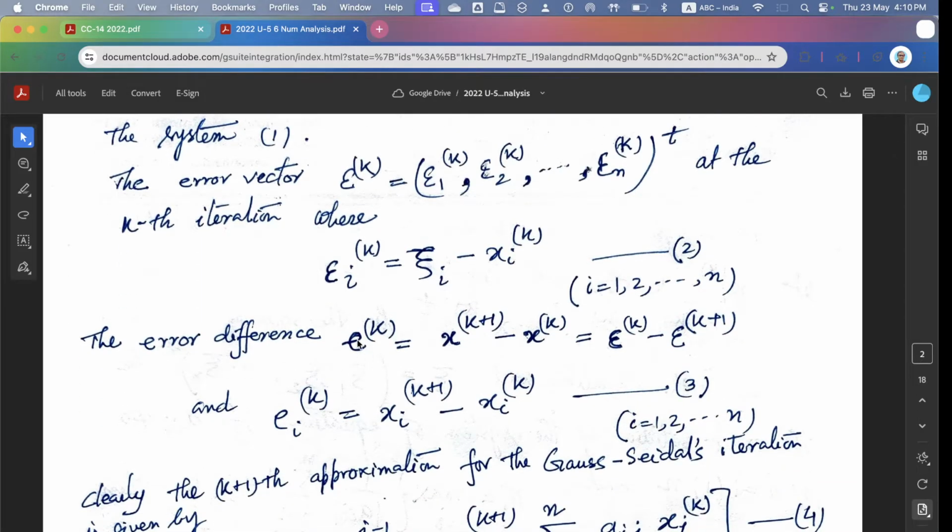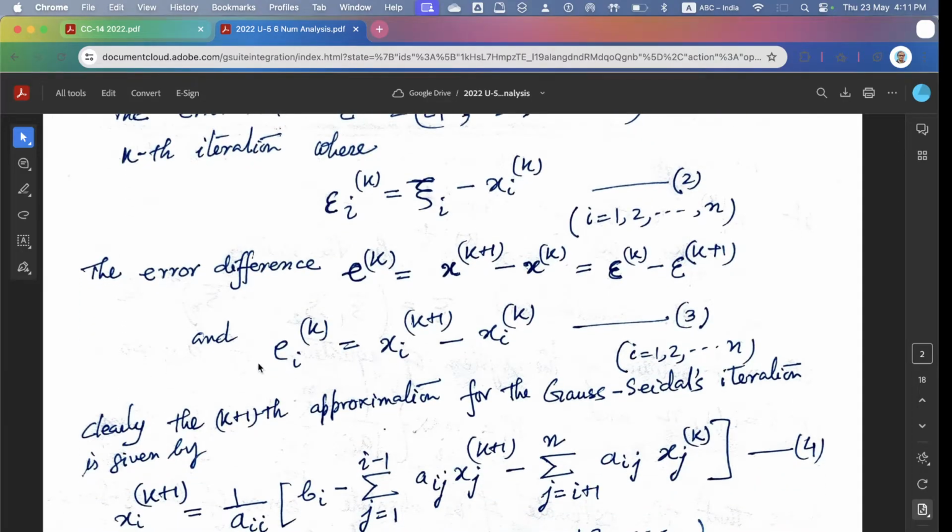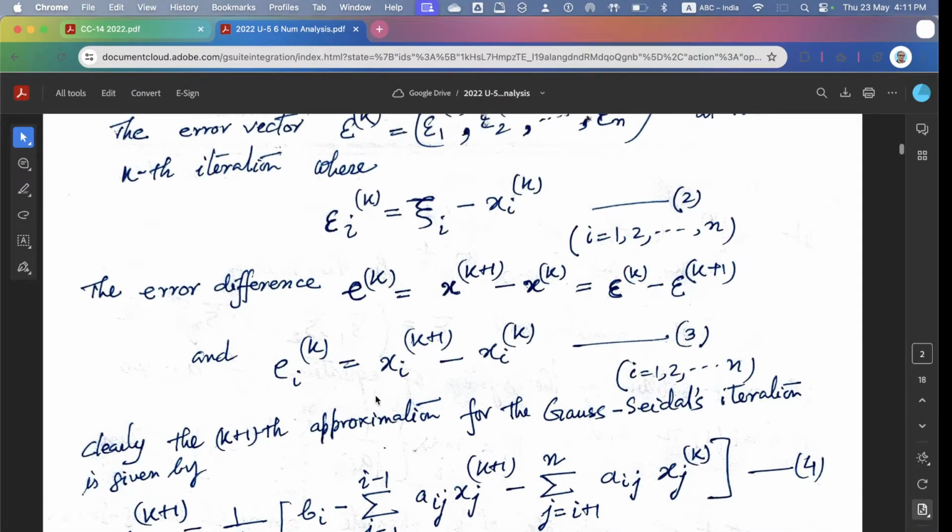The error difference e^k equal to x^(k+1) minus x^k, that is epsilon^k minus epsilon^(k+1). This is the error term, and this is the error difference, where e_i^k equal to xi^(k+1) minus xi^k.